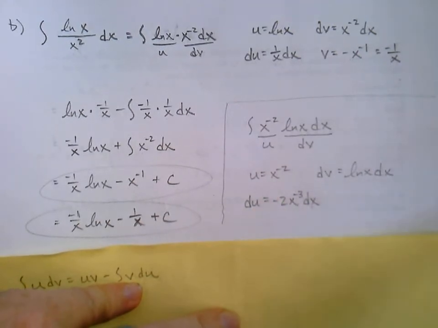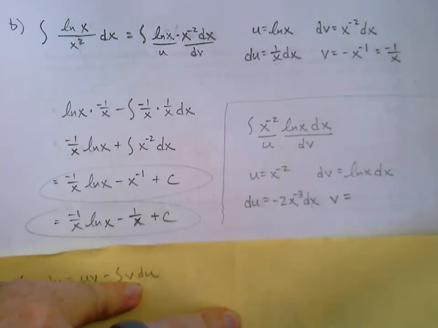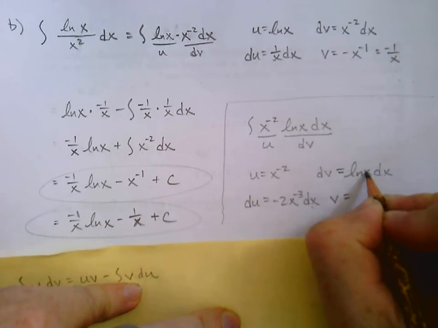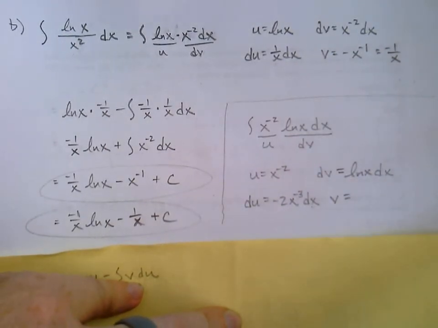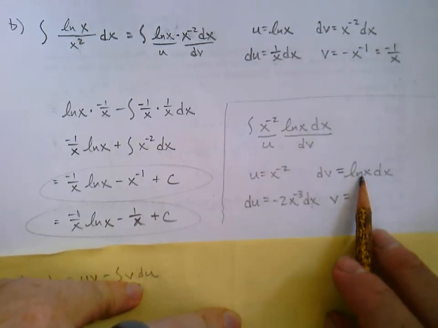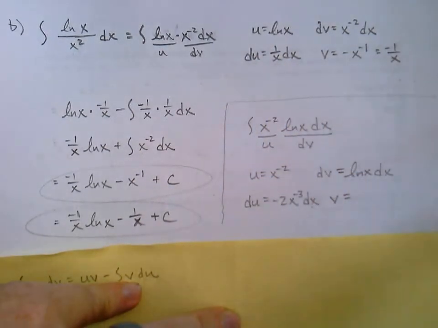Now dv. So what does v equal? If dv equals the natural log of x dx, then what's that antiderivative? Yeah, we never learned that. We know the derivative of natural log x, but we don't know the antiderivative.